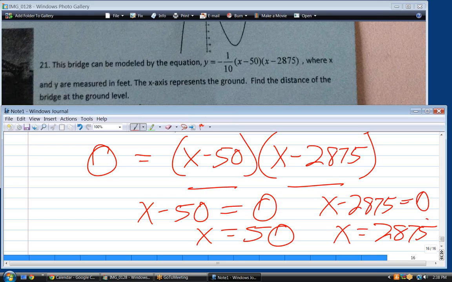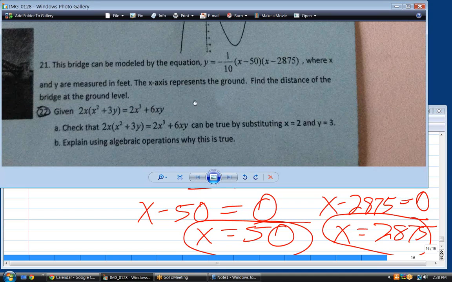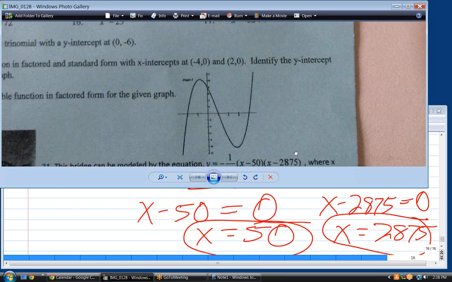Those are your two answers. That's where the bridge, at a distance of 50 feet and at a distance of 2,875 feet, the height is going to be 0. All right. Now that's a relatively difficult problem. I don't particularly like the way they worded it. But it accomplishes the job.